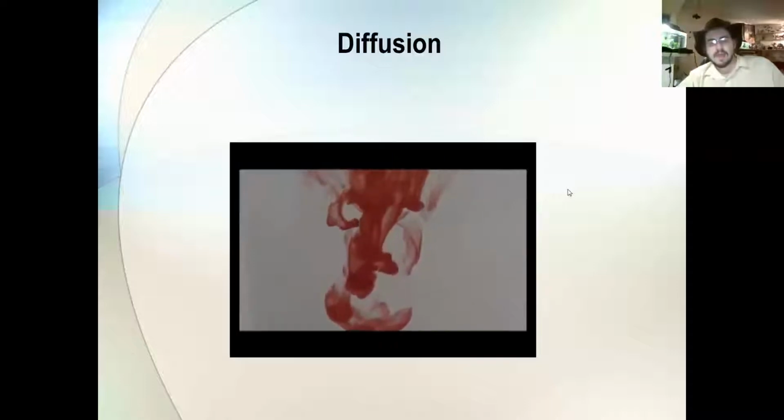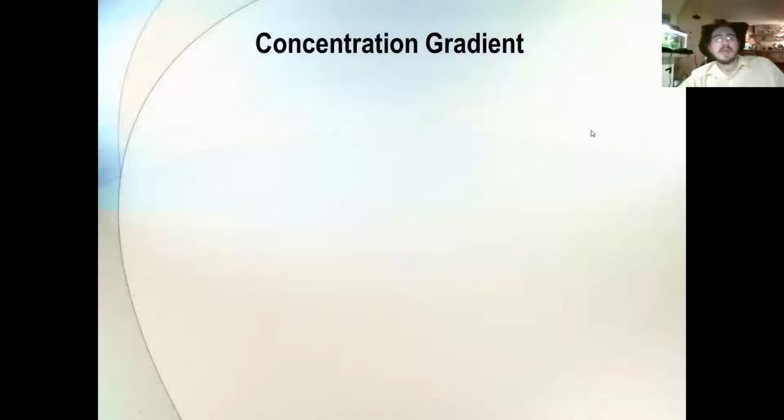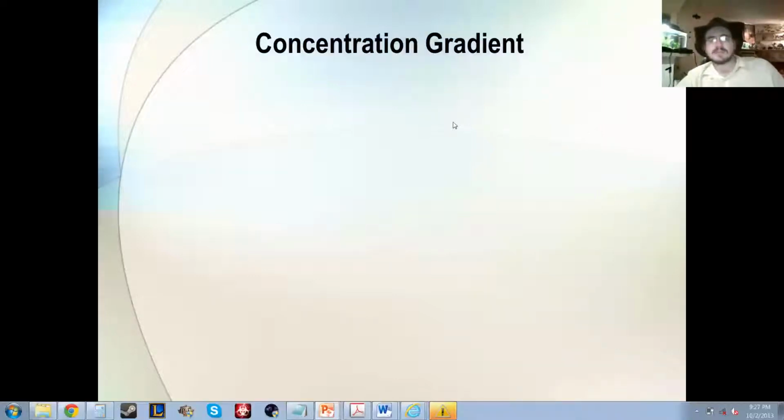Anyway, moving on. Okay, so when we talk about diffusion, it's important to talk about the concept of the concentration gradient. Concentration gradients are a way of describing the behavior of diffusion, or describing the aspect of concentrations.